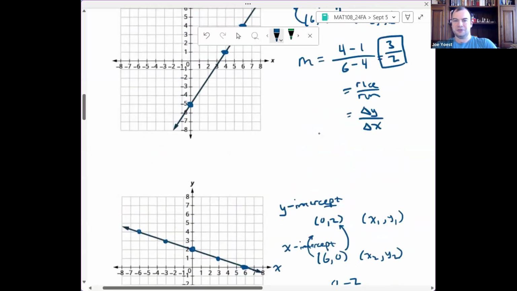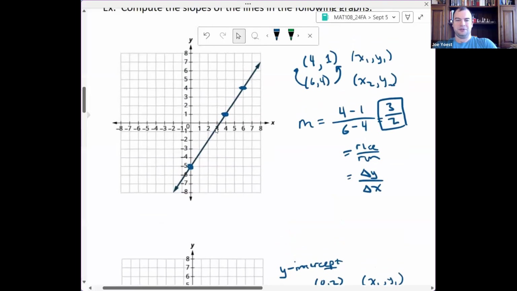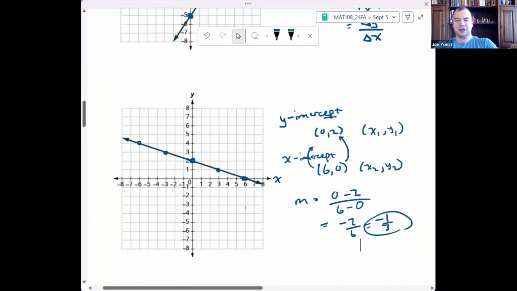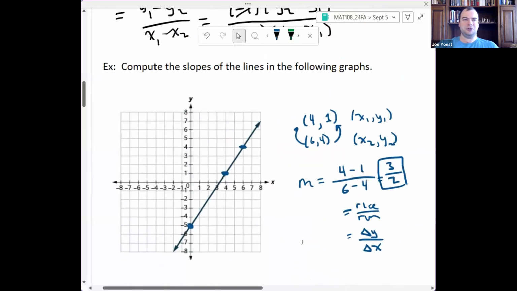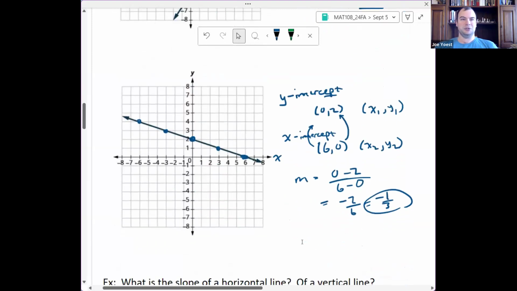I see that with a positive slope, as I go left to right, I gain height, I increase in the vertical direction. And with a negative slope, as I increase in the horizontal direction, I decrease in the vertical direction. A positive slope means the two variables kind of go in the same direction. When one increases, the other increases, and vice versa. A negative slope means they go in opposite directions. When one variable increases, the other decreases.